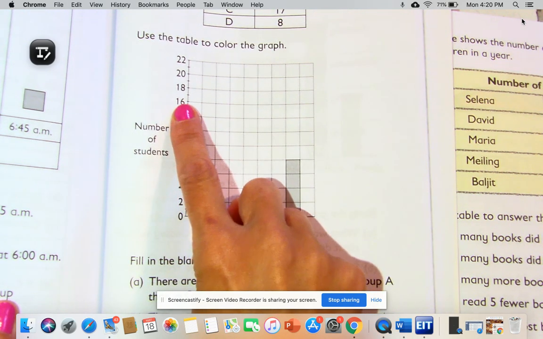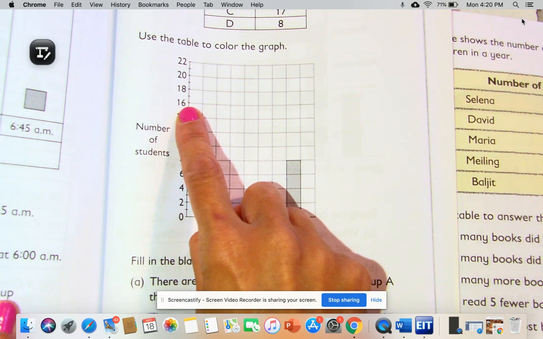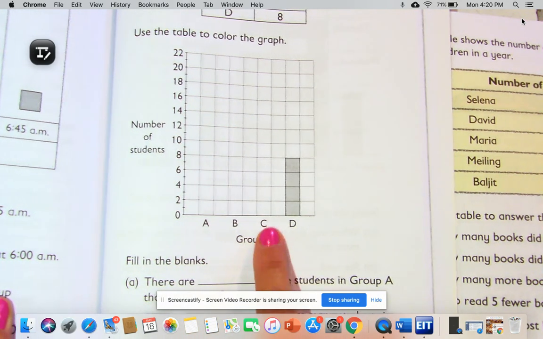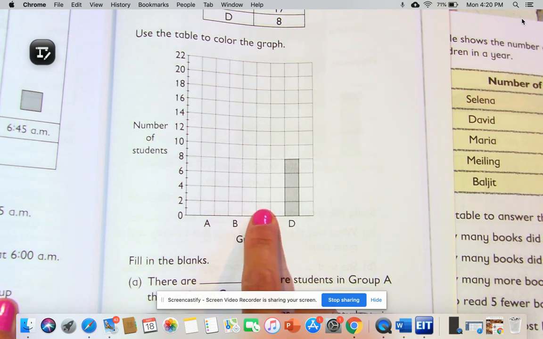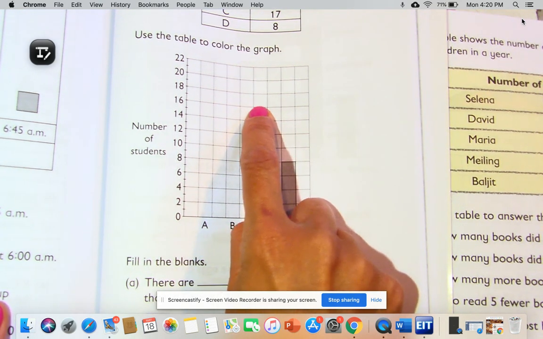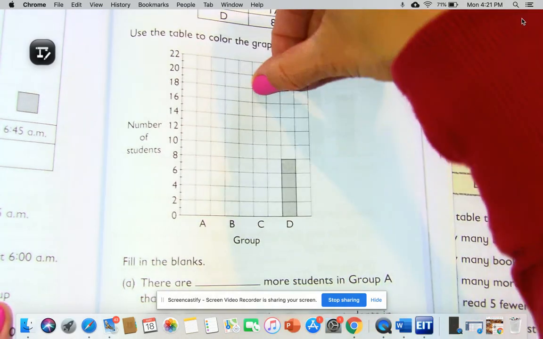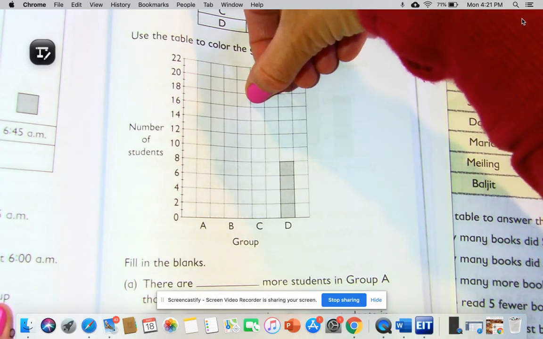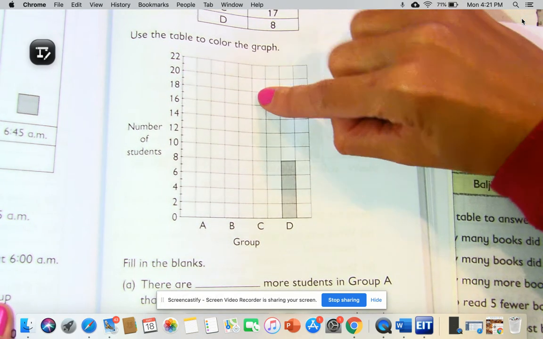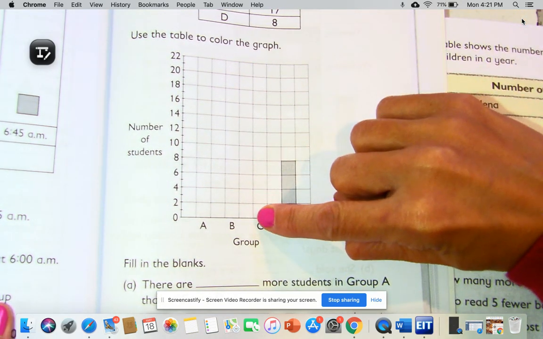There's a 16 and an 18. Ooh, should we go right in between those two? Yes. So here is C. We're going to color in this bar all the way up to, I think I might go to 16, and then I'll color in one more. So it would go all the way right between the 16 and the 18. So we should have a bar here.